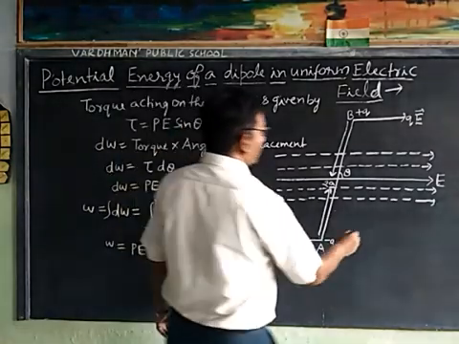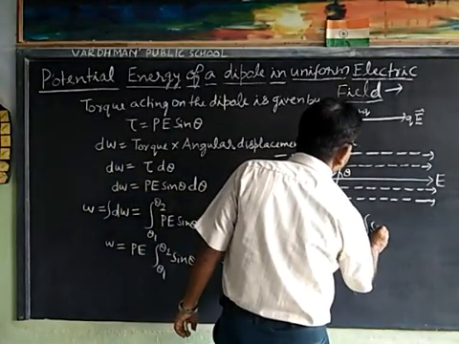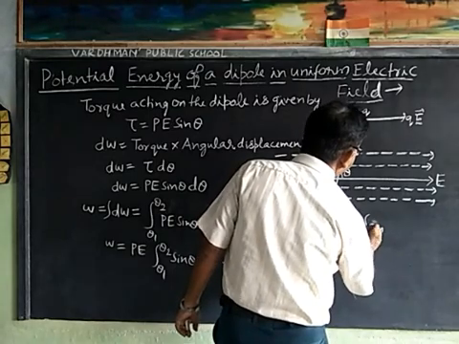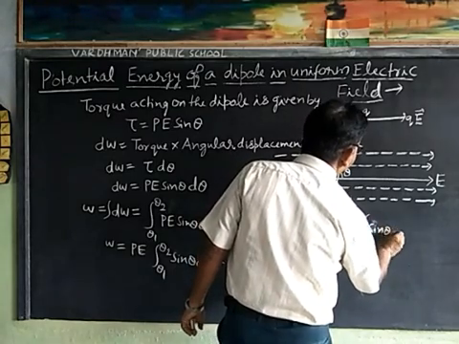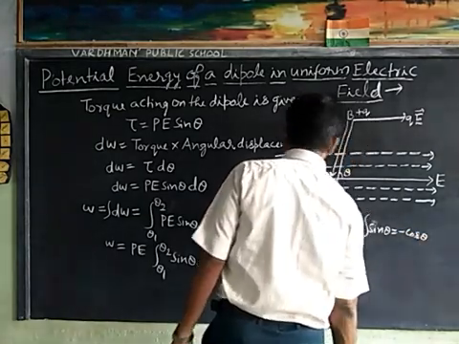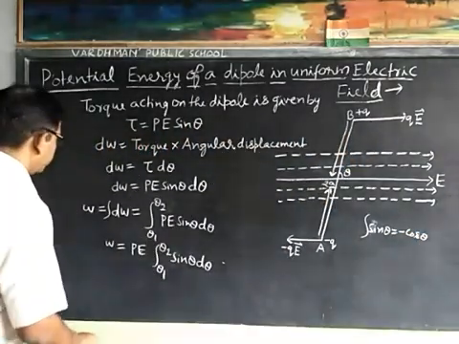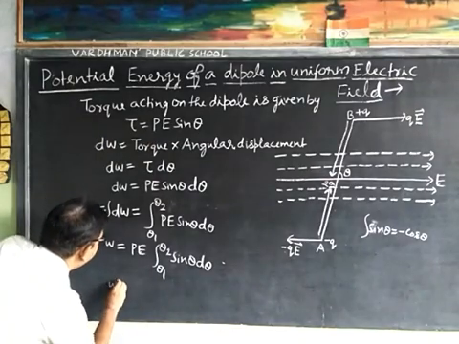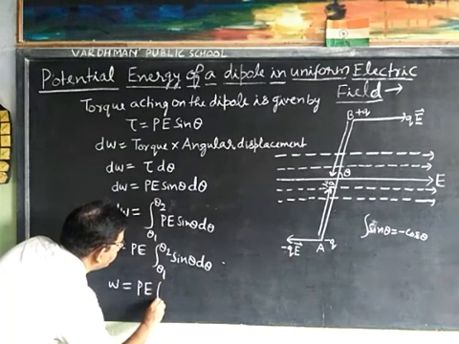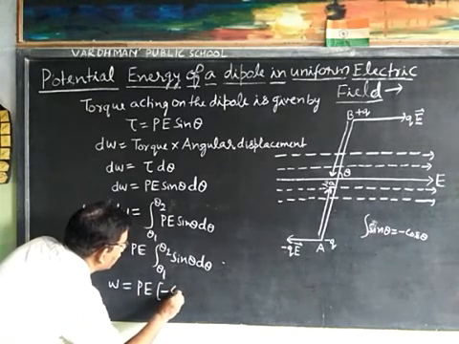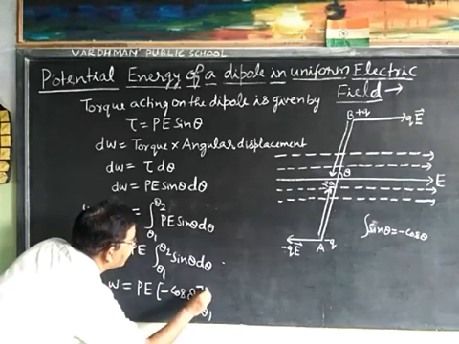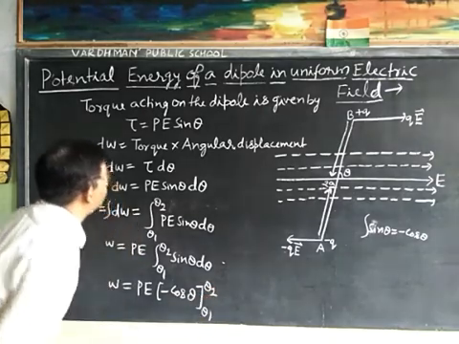Now what is the integration of sin theta? Integration of sin theta is minus cos theta. That is, W is equal to PE times minus cos theta, with lower limit theta 1 and upper limit theta 2.